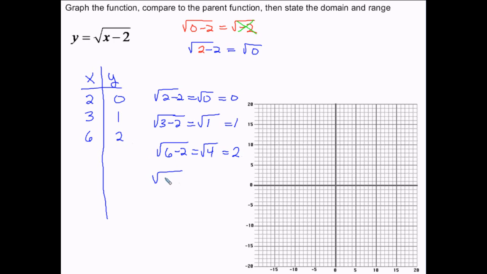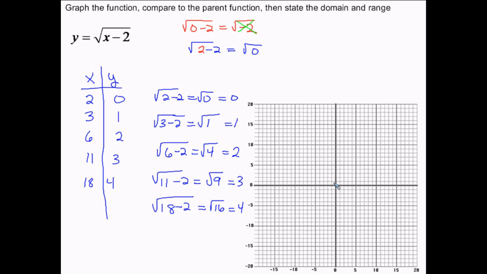And then the next perfect square I want is a 9, so I have to plug in an 11. The next perfect square would be a 16, so I have to plug in 18. So you see, we have to sometimes manipulate to figure out what x we want to give us these perfect squares.